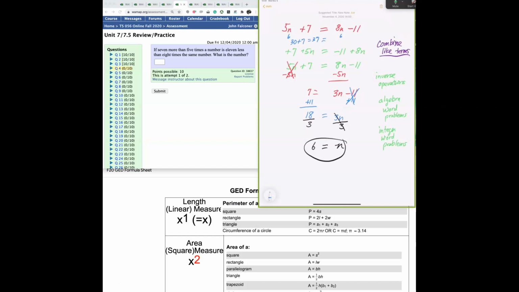And is that equal to 8 times 6, which is 48 minus 11? And I think that is 37, which is equal to 37. So we can say with confidence that that's the correct answer, because it's equal to itself. And that means that our answer here, n, is equal to 6.